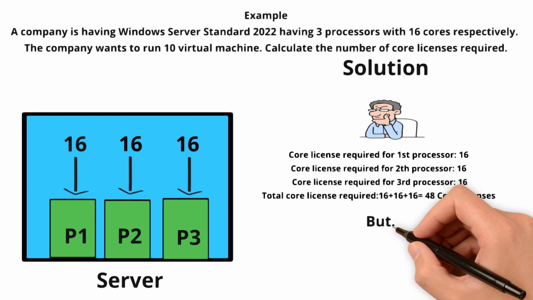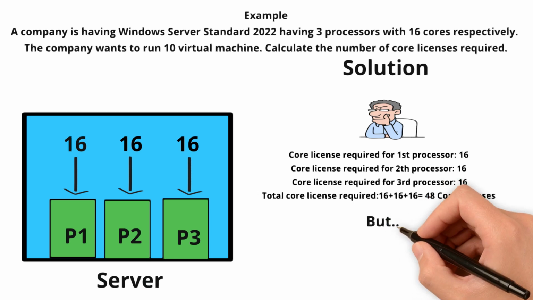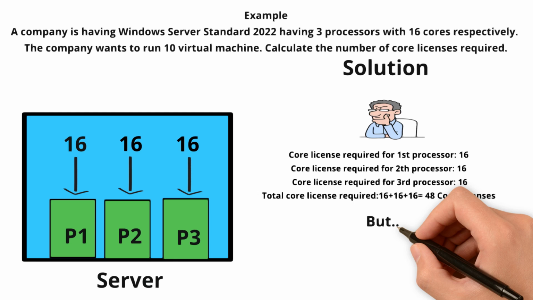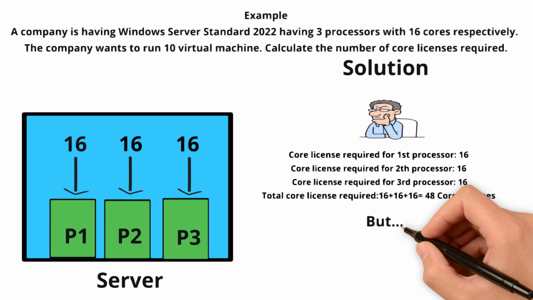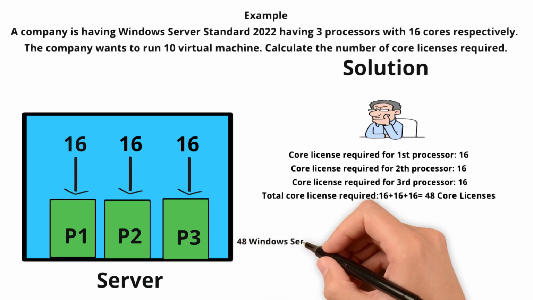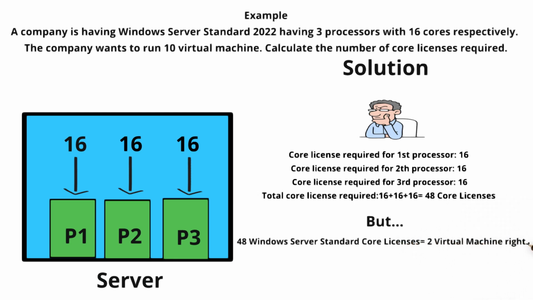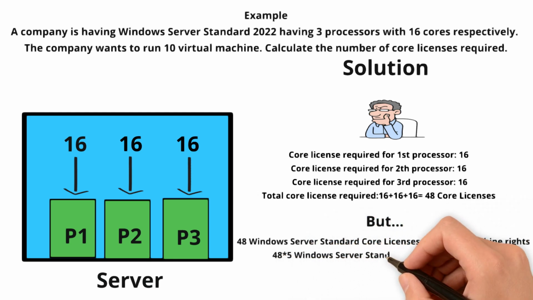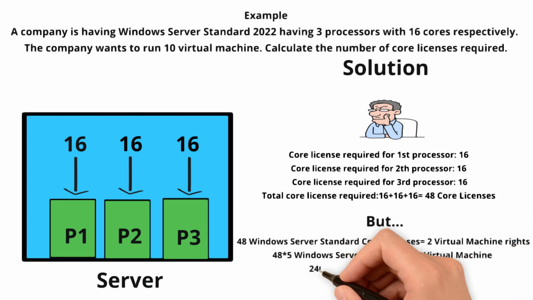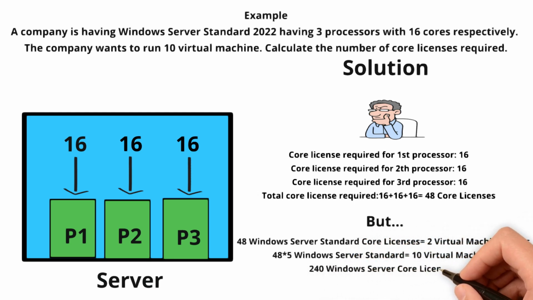So how do we get to run 10 virtual machines? We will get the same set five more times, to get 10 virtual machines. That means 48 into 5, that is 240 Windows Server Standard core licenses.